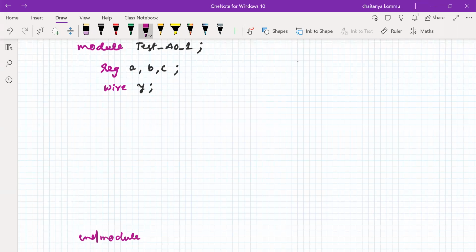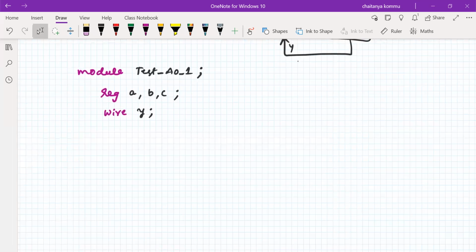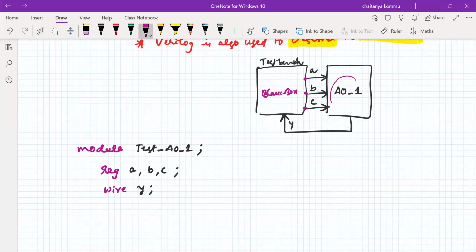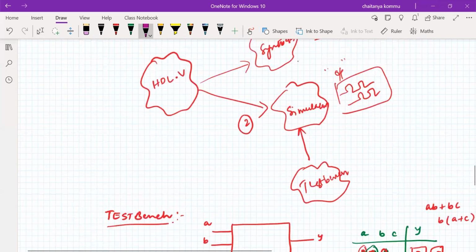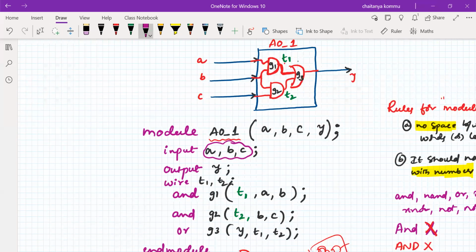If the skeleton is okay, we have to write a name for the test bench module, all the inputs are declared as registers, all the outputs are declared as wires, and we have to end the module. Now we have to say which circuit we want to simulate. That's all important. You want to simulate this particular AOI circuit. What is the name of this AOI circuit that we have given here? AO_1 we have given.